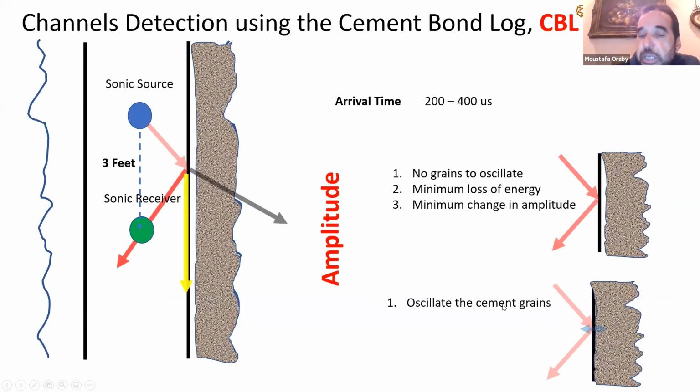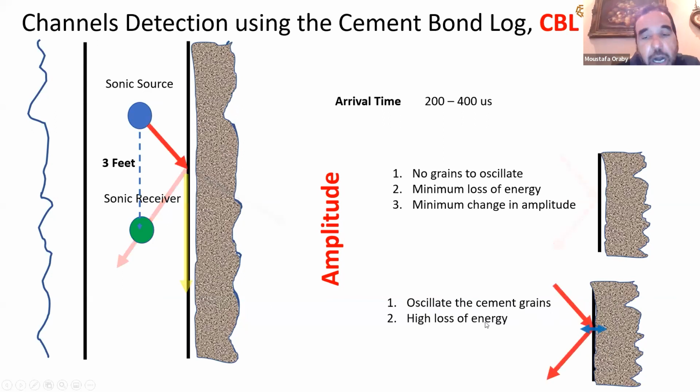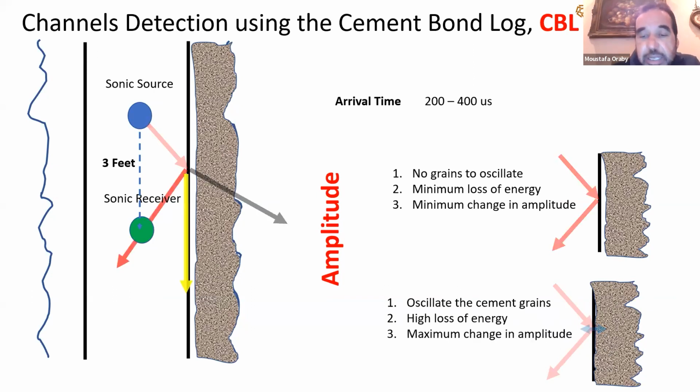So the expectation is, if the cement grains oscillate, then there is high loss of energy, because the oscillation of the cement grains requires energy, and it will get its energy from the sonic wave. Then in this case, the maximum change in amplitude. So we now know the basics of how we find out there is bonding or no bonding by using an acoustic wave. Okay. Here is an example.